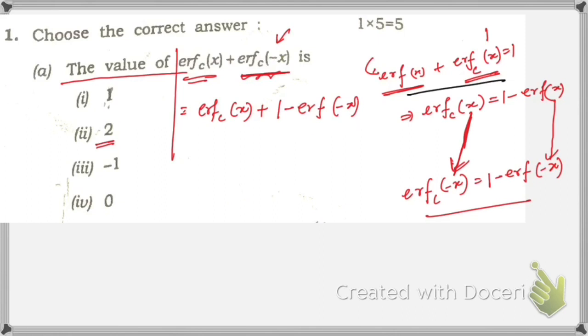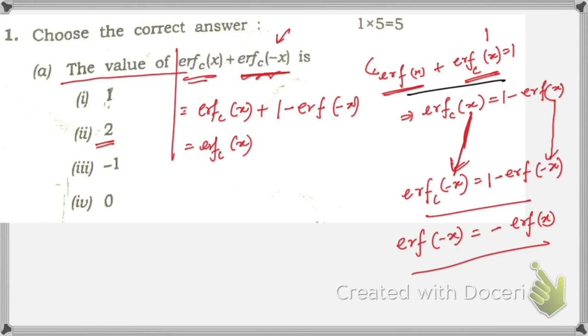Now you can see that error function of minus x is equal to minus error function of x. There is another property, so what we can write here is complementary error function of x equals 1, and this must be minus error function of x.